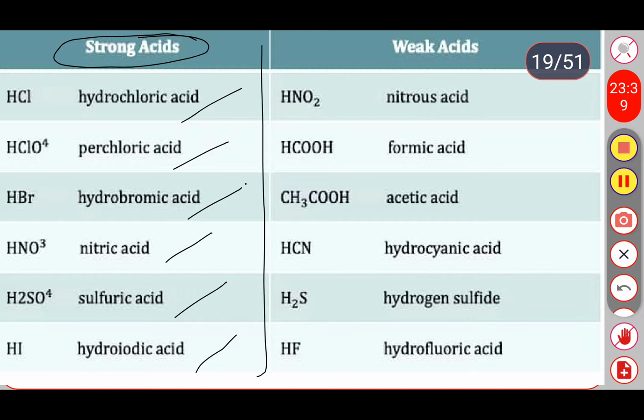And in the second column we have weak acids. The first one is nitrous acid, formic acid, acetic acid, hydrocyanic acid, hydrogen sulfide, and next is hydrofluoric acid. So these are all examples of weak acids.